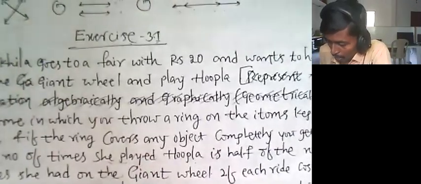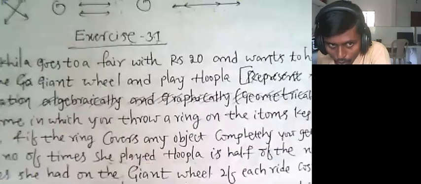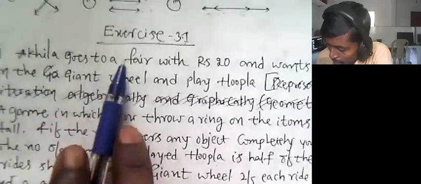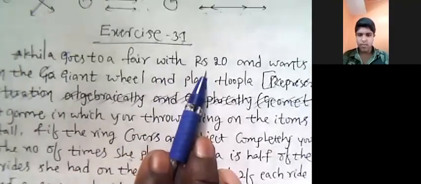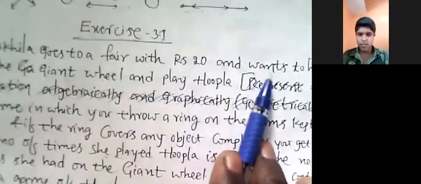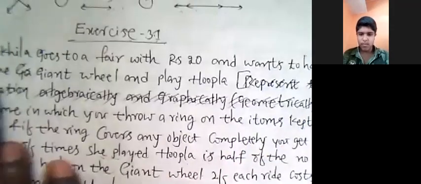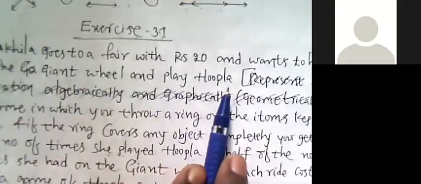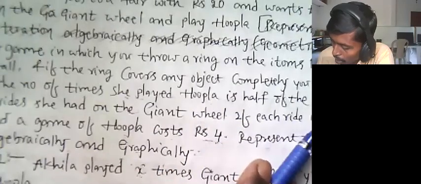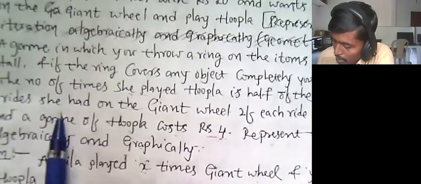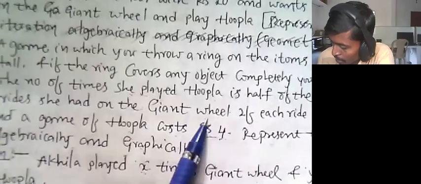See the problem. Akila goes to a fair. In last class I already gave. Akila goes to a fair with rupees 20 and wants to have rides on a giant wheel and play hoopla. The number of times she played hoopla is half of the rides she had on a giant wheel.